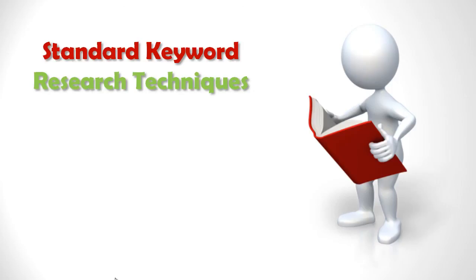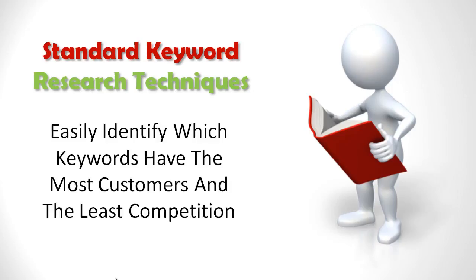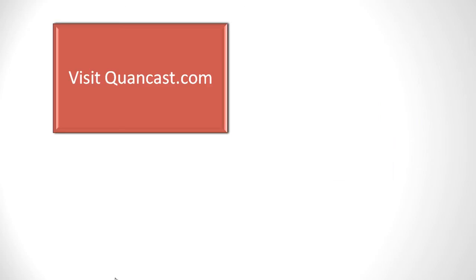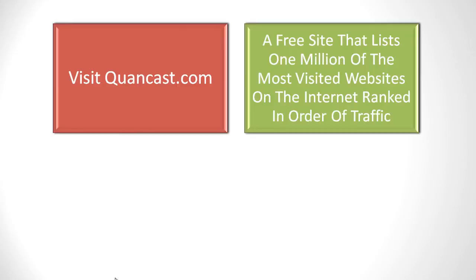Standard keyword research techniques can easily identify which keywords within your niche have the most customers and the least competition. To identify which URLs related to your niche you should bid on, start by visiting the website quantcast.com. This is a free site that lists 1 million of the most visited websites on the internet, ranked in order of traffic.